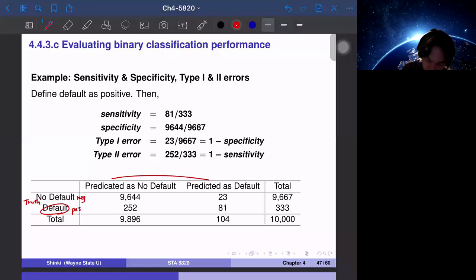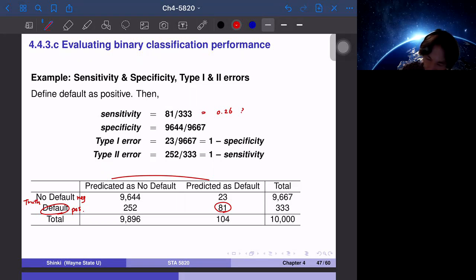So actually truly positive, and we predicted as positive: 81 over 333. This sensitivity isn't very high. It's about 0.25 or so, so it's pretty low.